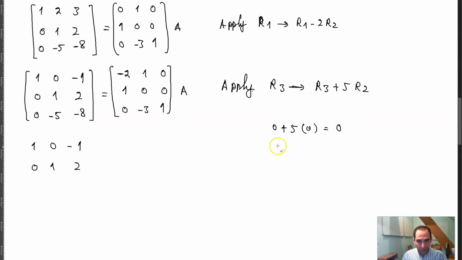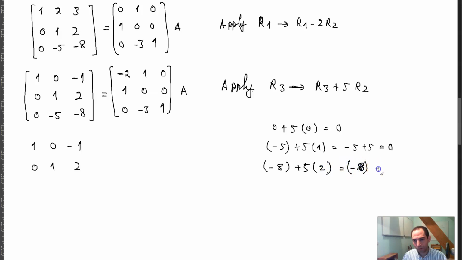And then you have negative 5 plus 5 times 1, which gives me negative 5 plus 5, which is equal to 0. And negative 8 plus 5 times 2, which is equal to negative 8 plus 10, which is equal to 2. It means that R3 becomes 0, 0, 2. It means that this now is taken care of.